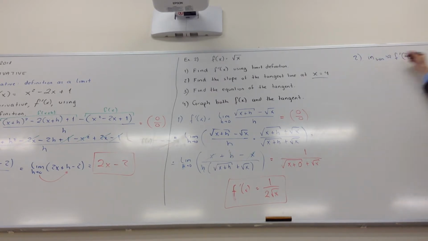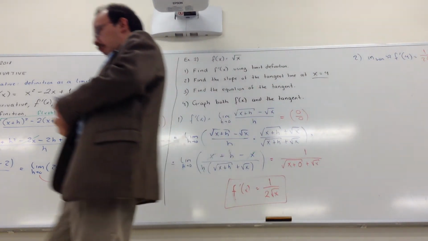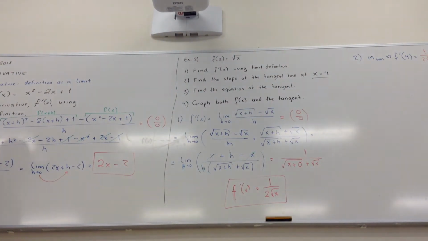So it's going to be 1 over 2 square root of 4 equal to 1 over 4. That's the slope at that value. The derivative is only the function for the slope, because the slope itself is going to have a value. The derivative is always the same. The slope will change depending on the value of x. Is that clear? Yes. Good.